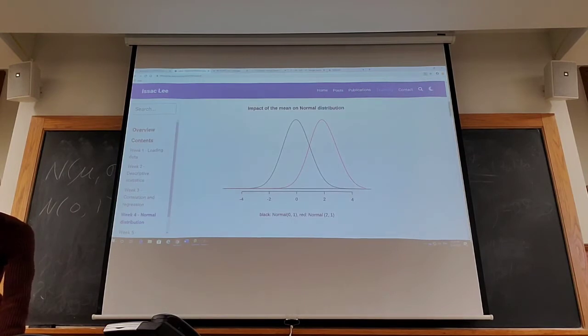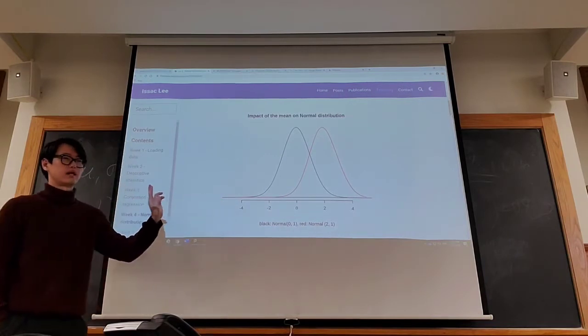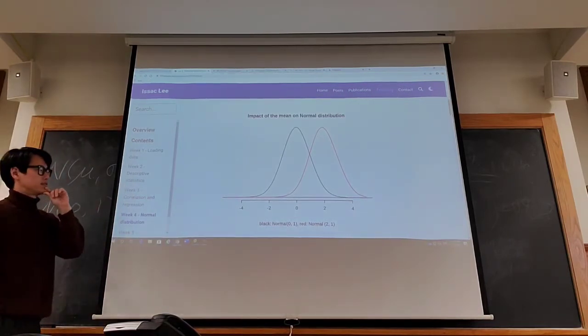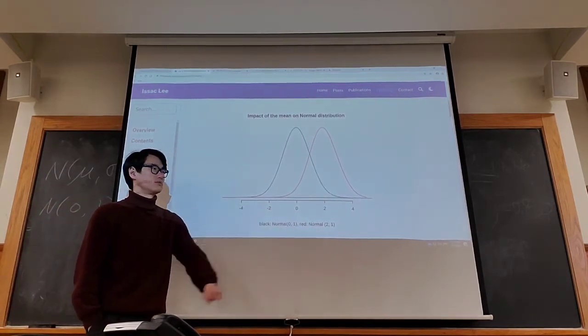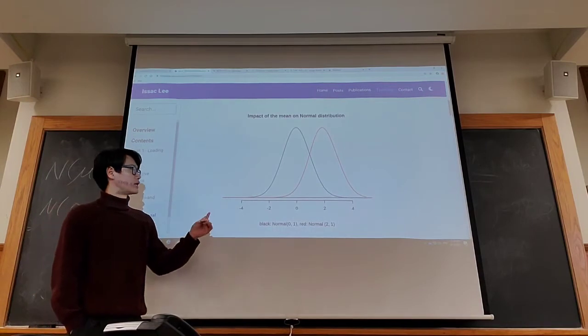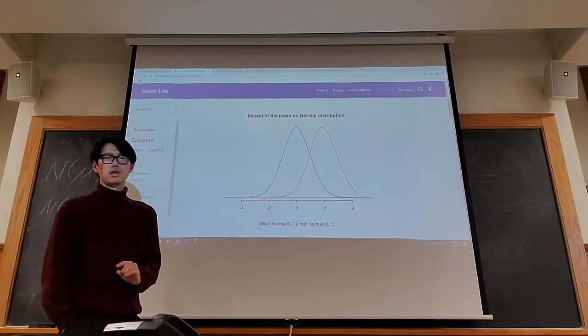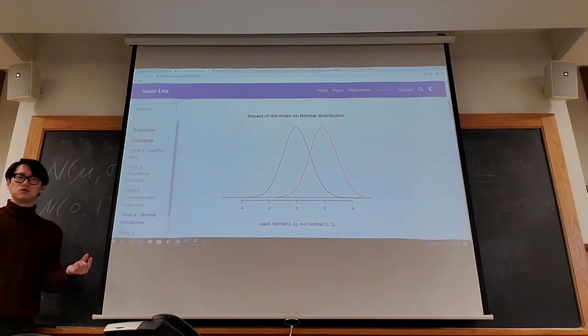As I said, the mean is related to the location of the distribution. So this is the example. We have two plots of normal distributions. The black line represents the normal distribution whose mean is 0 and standard deviation is 1, and the red line represents the normal distribution whose mean is 2 and standard deviation is 1. So what is the difference between these two?